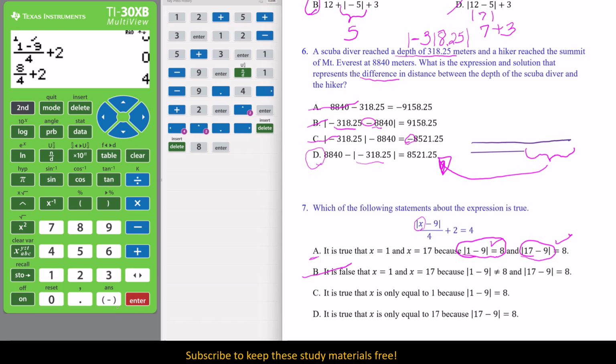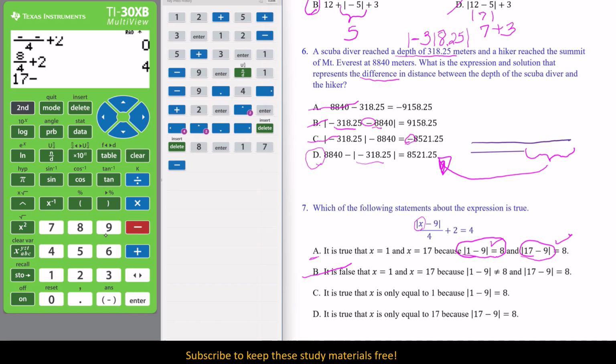Let's look at C. It is true that x is only equal to 1 because the absolute value of 1 minus 9 equals 8. That's not true because the absolute value of 17 minus 9 also equals 8. And we've already entered the expression in the calculator with both 1 and 17.